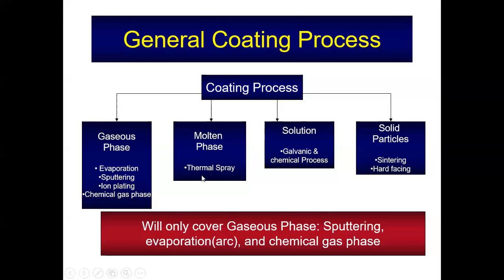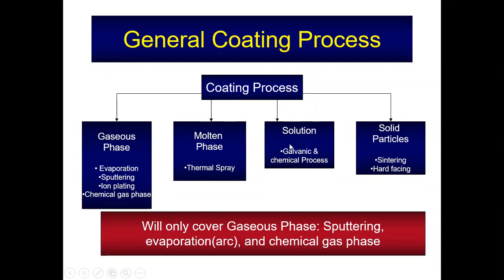An example of a process is thermal spray, where you evaporate the materials and then spray it on the surface. Or coating also can be done using solutions, galvanic or chemical process.